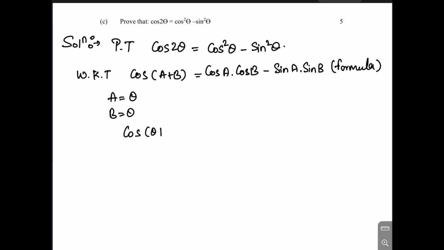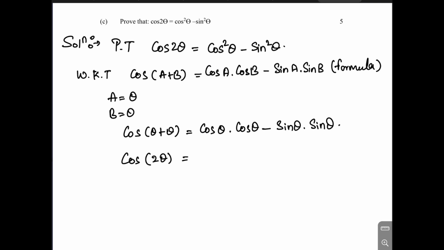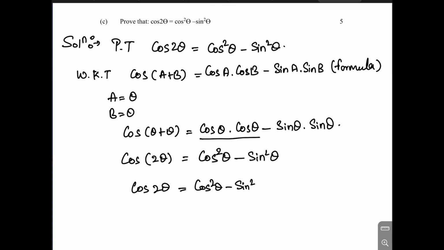Cos(theta plus theta), so cos theta into cos theta minus sin theta into sin theta. Cos(theta plus theta) is cos 2 theta. Since each is repeated twice, we can write cos square theta minus sin square theta. So finally we got cos 2 theta equals cos square theta minus sin square theta.